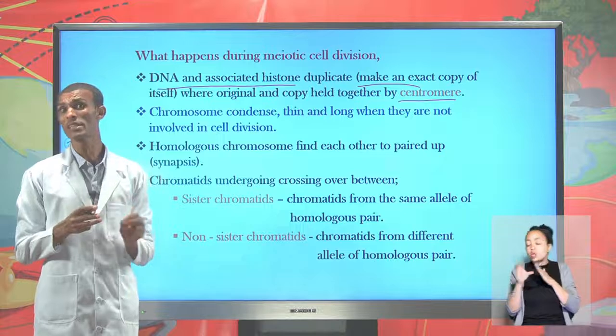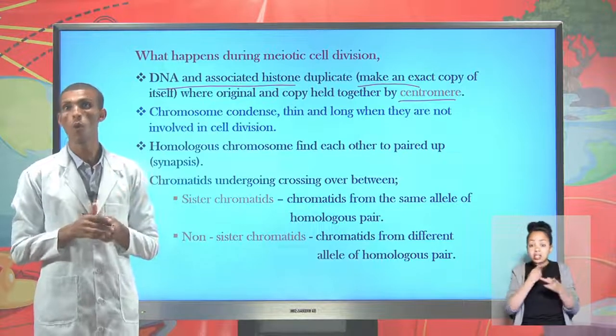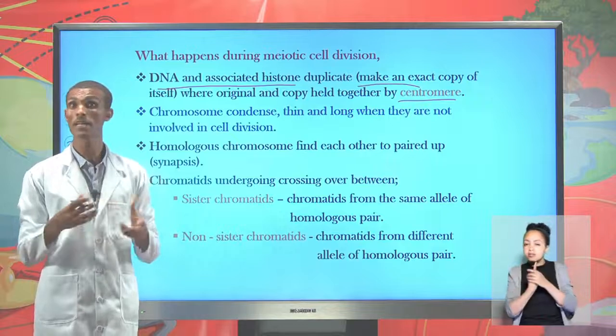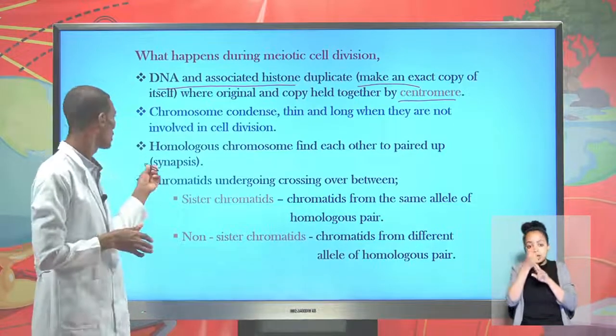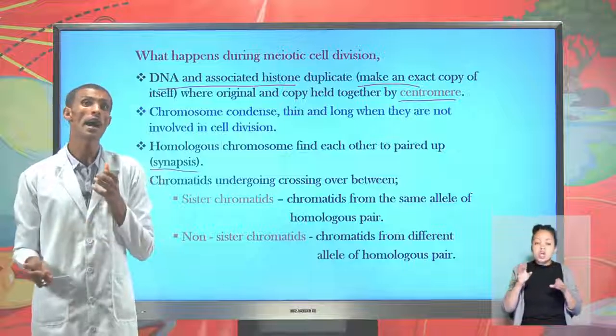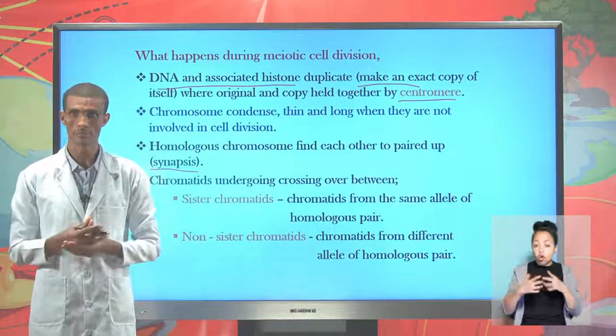One critical activity that takes place here is that homologous chromosomes find each other and pair up, which we call synapsis. Another feature that differentiates meiosis from mitosis is chromatids undergoing crossover.